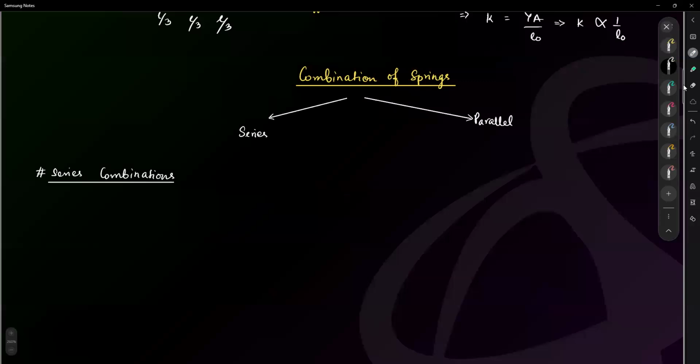Now, suppose we have two blocks connected to a spring, and let's say the center of mass of this entire system is over here. And you have divided it into two parts over here.